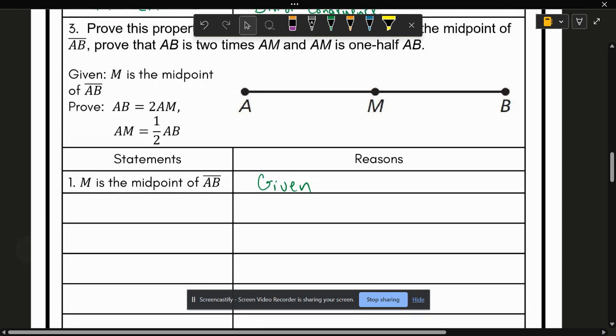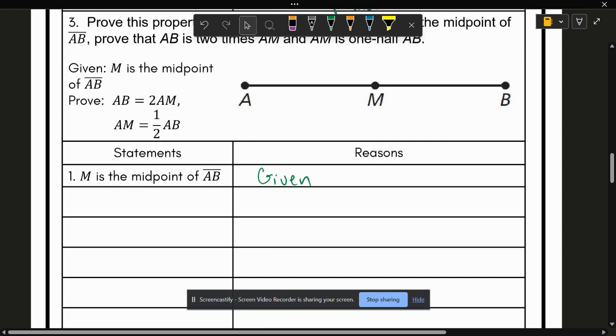We know that because this is the midpoint, what do we know about the two segments? If I said to you that AM was congruent to MB, that would be because of what definition? What terminology are we already using? Midpoint. Good. I heard somebody say midpoint. We're already using midpoint.